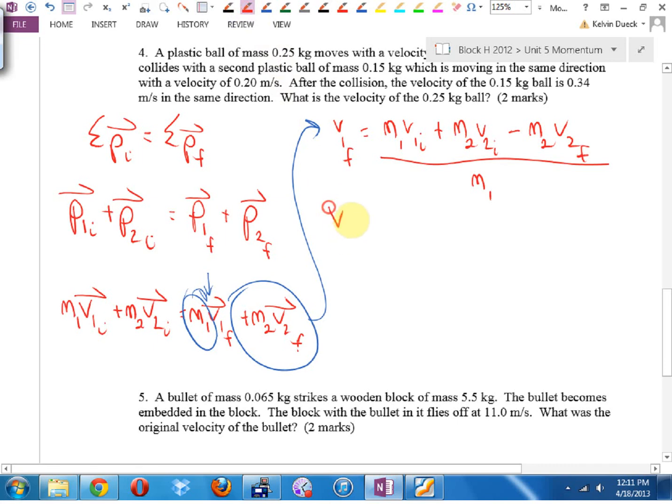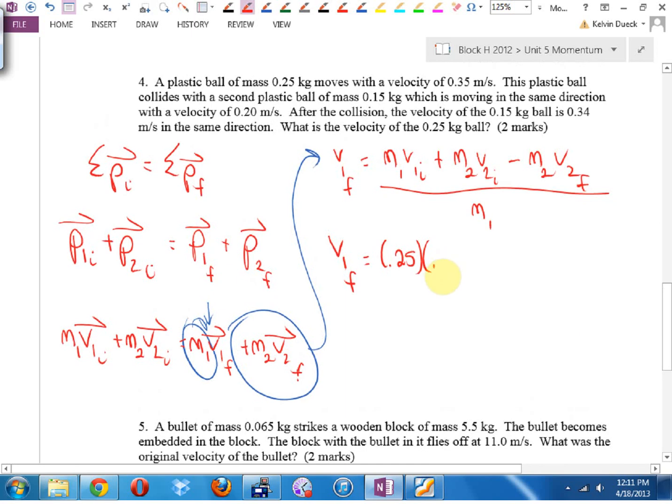Not really. V1 final is going to be mass 1, 0.25, V1, oh, I scrolled down a little too far, 0.35. By writing that, I've just decided that that way is positive. Plus mass 2, 0.15, V2, 0.2, positive or negative?